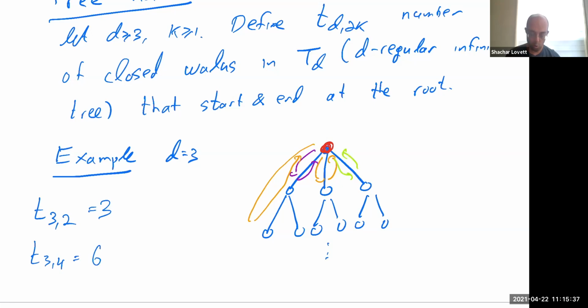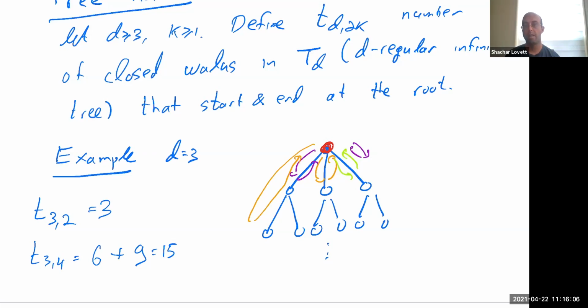Or I go down and up one child, then down and up another child, or maybe the same one. This will give me another 9 options. So overall I have 15 closed walks of length 4 that start and end at the root.